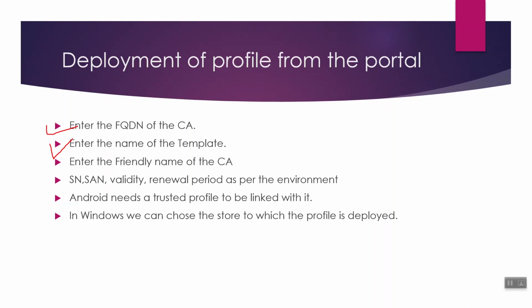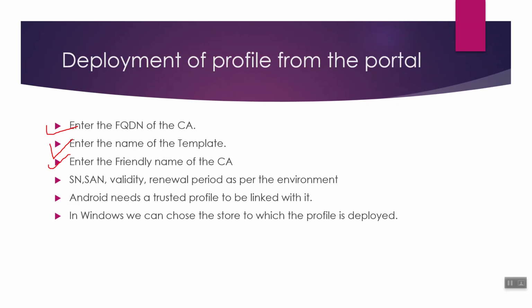And the kind of certificate that is going to be issued would depend upon the kind of template that was used to issue that certificate. So the name of the template is going to be there in that profile as well. One more thing that is going to be there is the friendly name of the CA. So during the demo, I'm actually going to show you how exactly and where exactly to find out the friendly name of the CA.